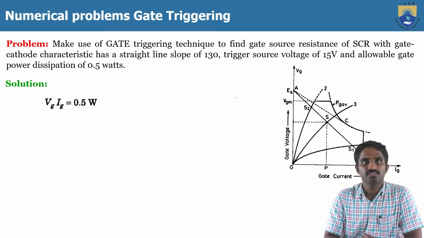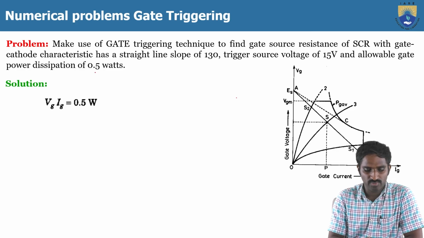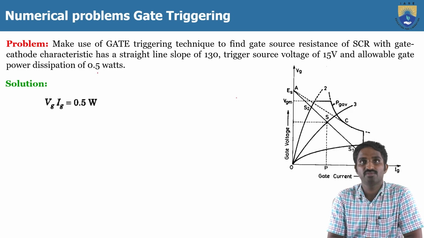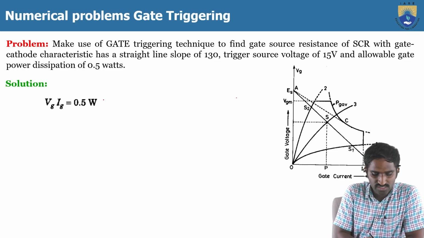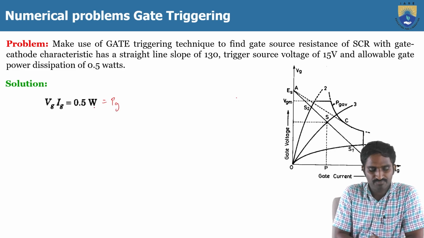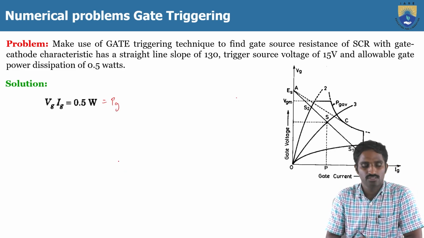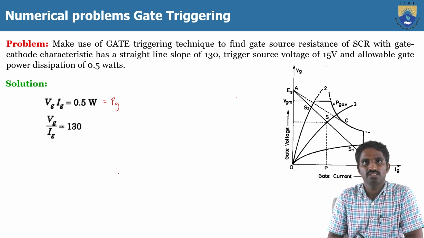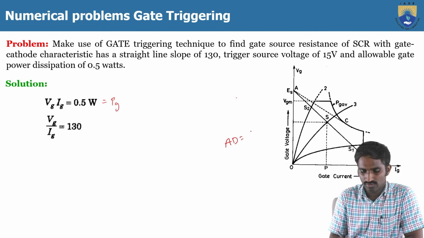As I mentioned, they have given the gate power dissipation Pg, which is Vg into Ig, equal to 0.5 watts. Another thing they have given is Vg by Ig equal to 130, which is the slope of the gate characteristics, AD equal to OA by OD.